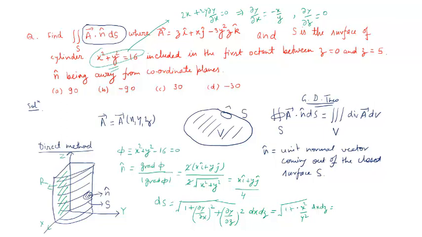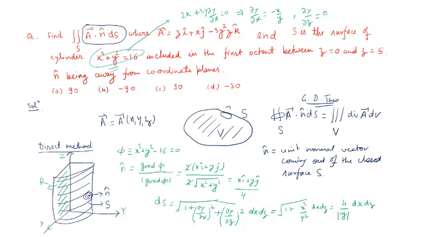So it will become square root of 16, that is 4, upon y. Actually it should be mod y, because square root of y square is mod y, so I am writing mod y here, multiplied by dx dz.